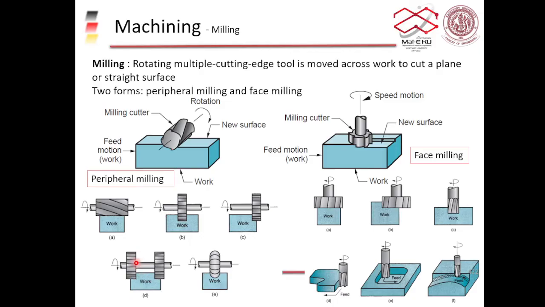Straddle milling is when you straddle the workpiece with two milling bits, and you are milling two sides. And also you can have form milling, when the shape of the milling bits is different from the normal spiral shape, right? These are all peripheral milling.